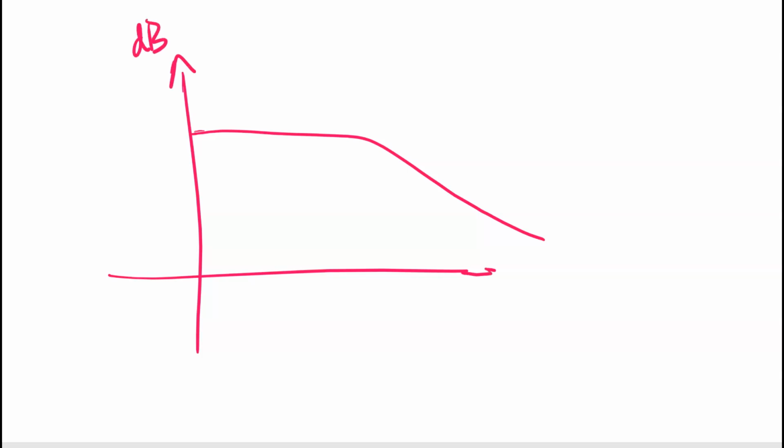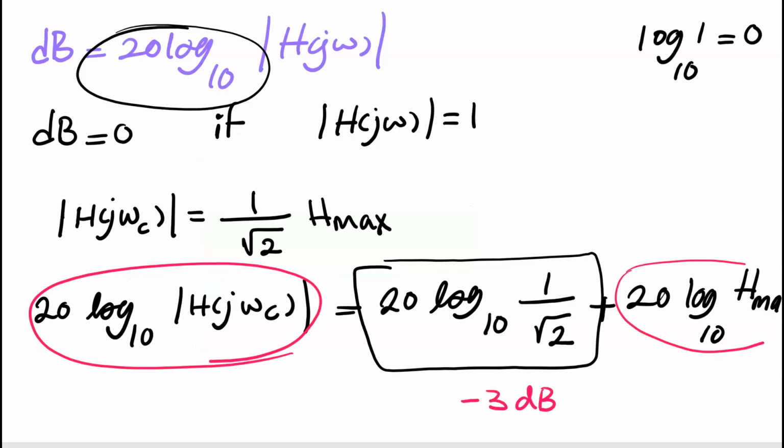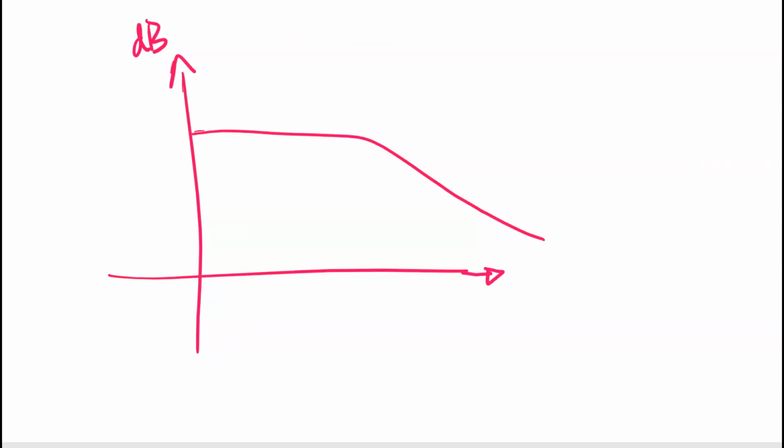For example, let's assume that this is your Bode plot. I want to know what is the cutoff frequency. What frequency is my cutoff frequency? According to the equation I have here, I have to find my maximum decibel gain. Let's assume that the maximum decibel gain, for example, is equal to 10 dB.